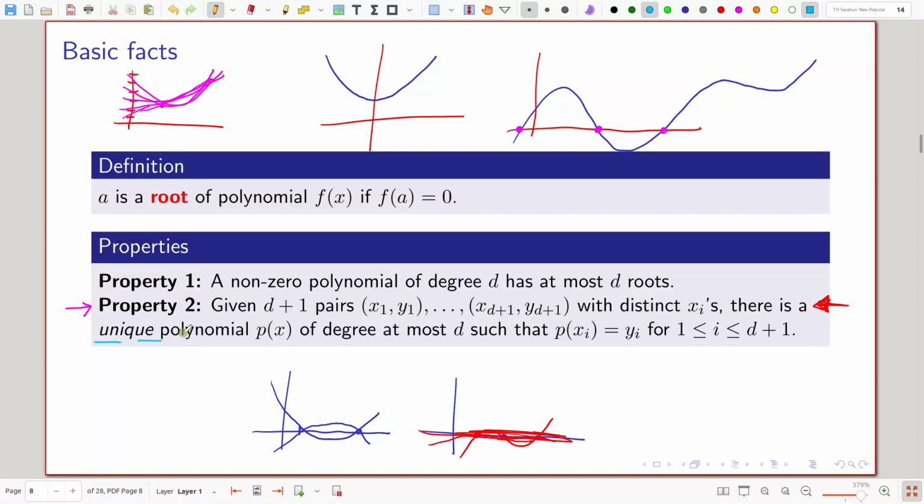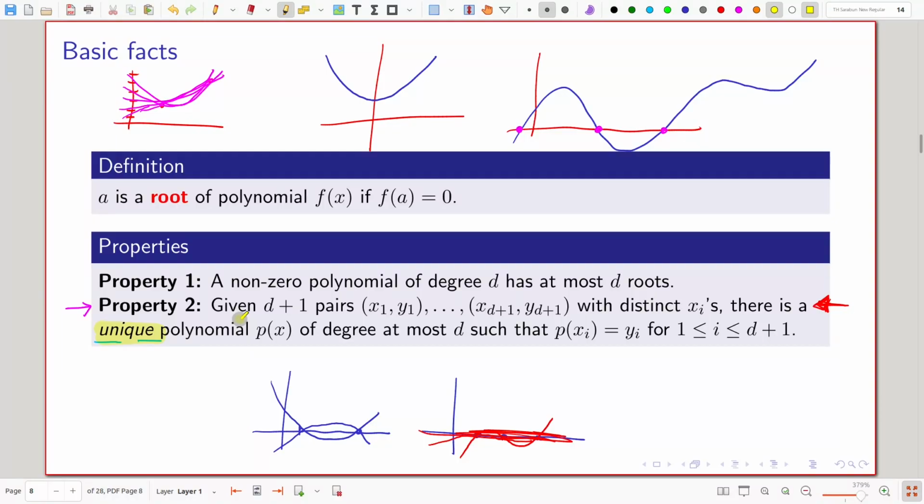What your friend did is basically find a polynomial that goes through these 3 points. If there is more than one polynomial that goes through these 3 points, then your friend might not get exactly the polynomial that you have. But because there is exactly one, a unique polynomial, your friend will always recover your polynomial. So the word unique is really important here.